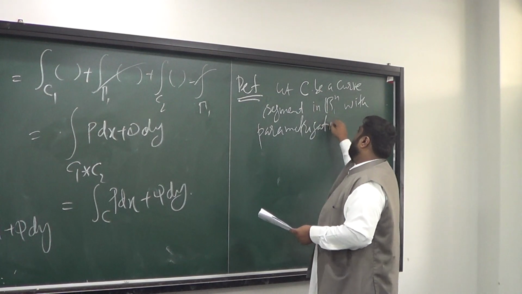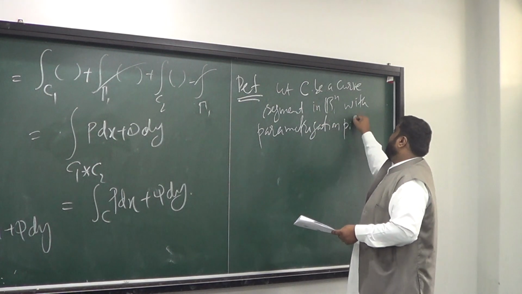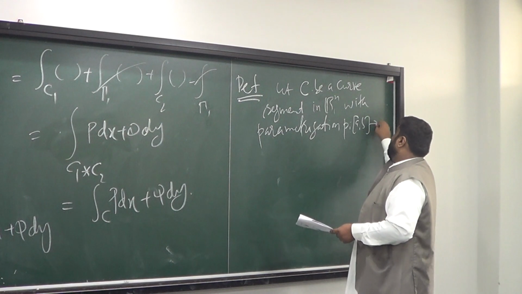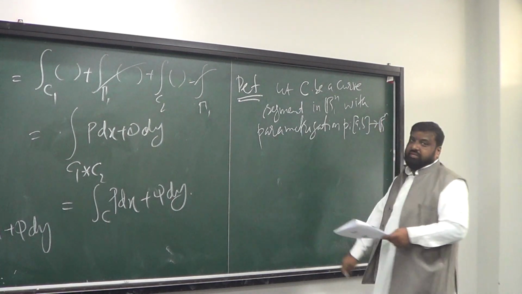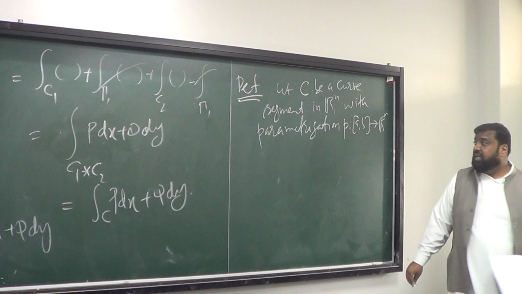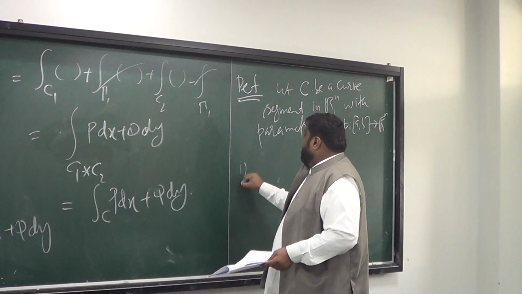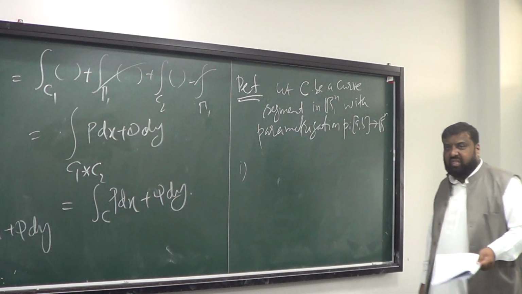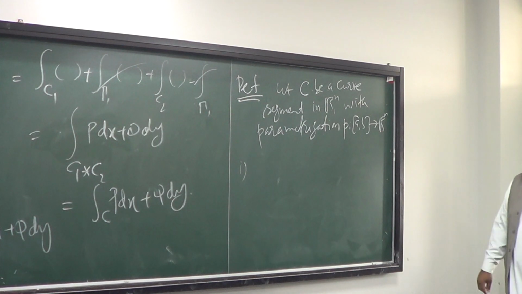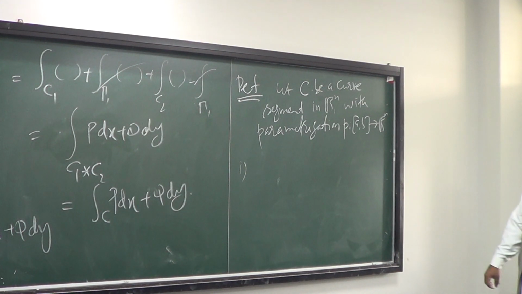So I have a parameterization P for this curve segment, that is a map from [A, B] into I. I'm going to call this curve segment C, parameterized by P.